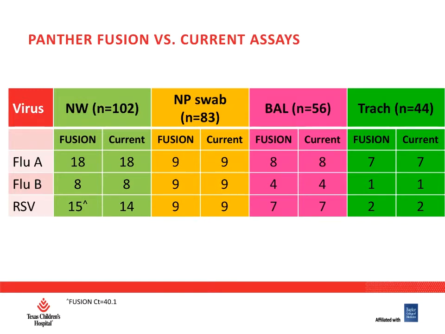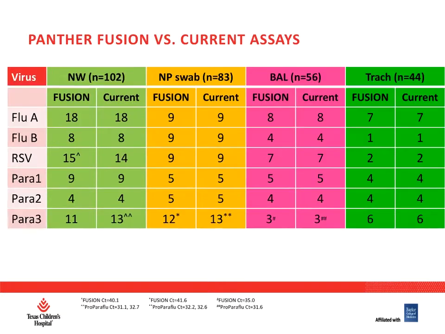The RSV was a little bit more sensitive. We did pick up one additional RSV on the Fusion. And I like this feature because it gives us a CT value on the Fusion. We get to see exactly how that sample performed in that reaction.